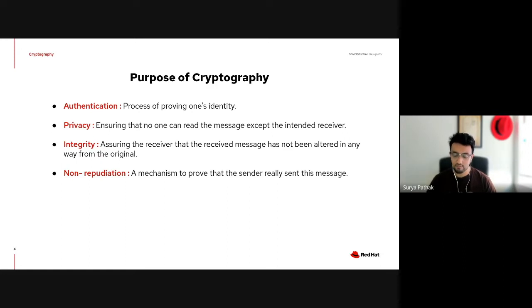Integrity, assuring that whatever you encrypt should not be altered in any way from the original. And non-repudiation, meaning a mechanism to prove that the sender really sent this message. On the whole, it is an authenticating policy or authenticating behavior of this technique.